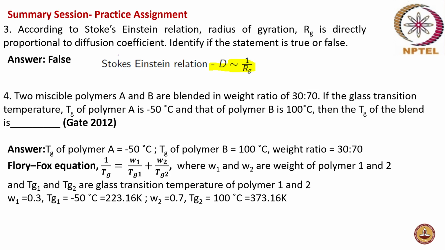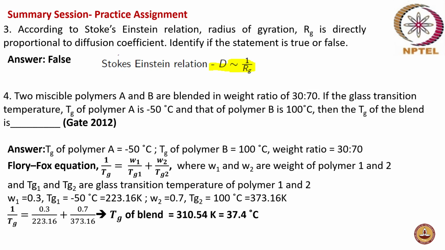For the Flory-Fox equation, you have to convert your glass transition temperature from degrees centigrade to Kelvin. So -50 degrees is 223.16 Kelvin in Kelvin, and similarly for polymer 2 the weight fraction is 0.7 and Tg is again 100 degrees, which in Kelvin is 100 plus 273.16, giving 373.16 Kelvin.